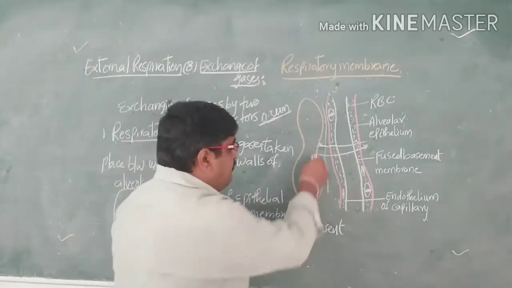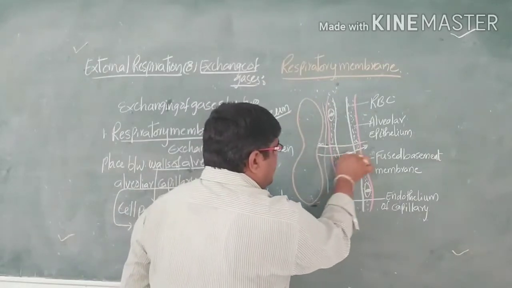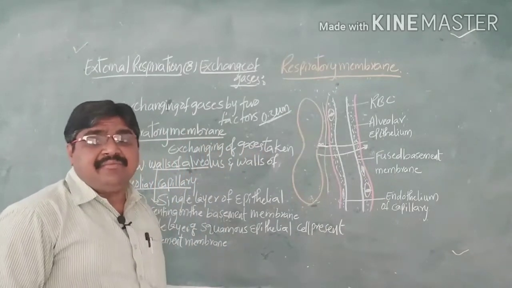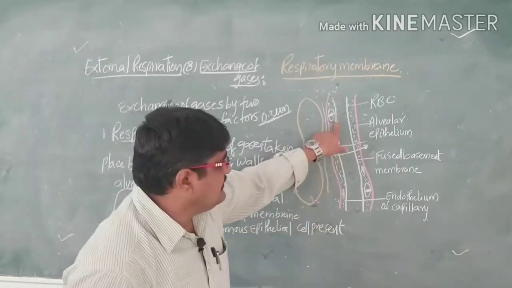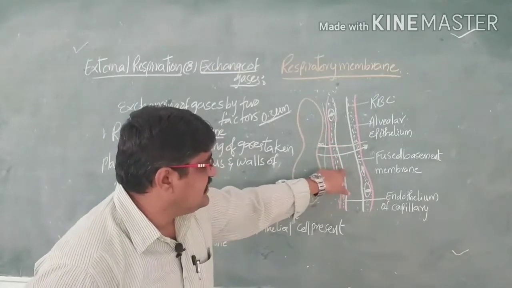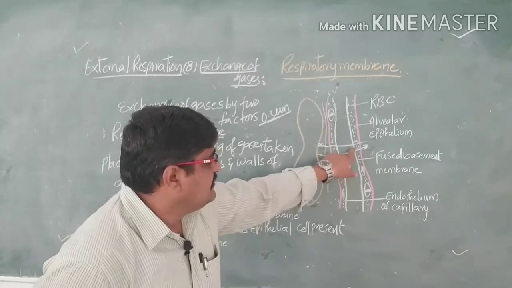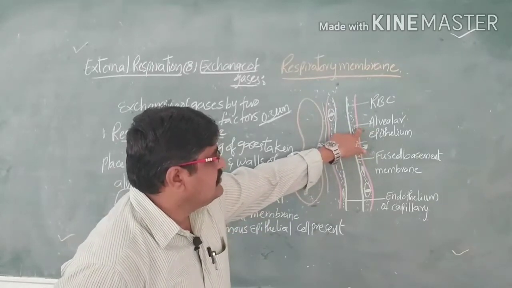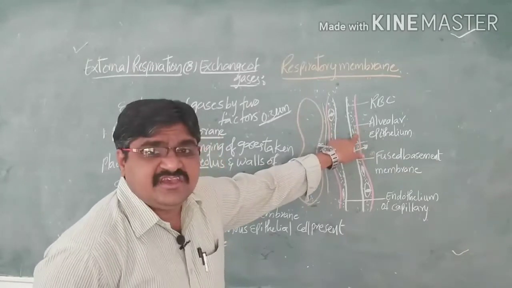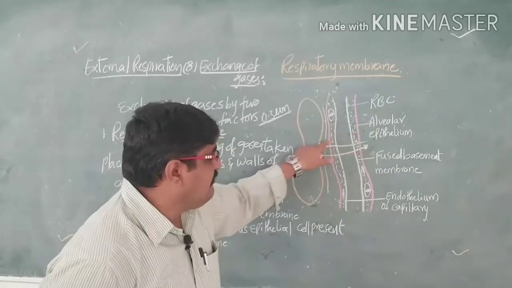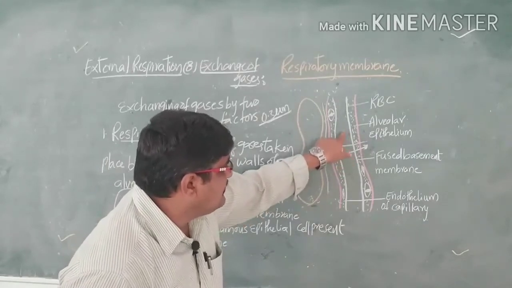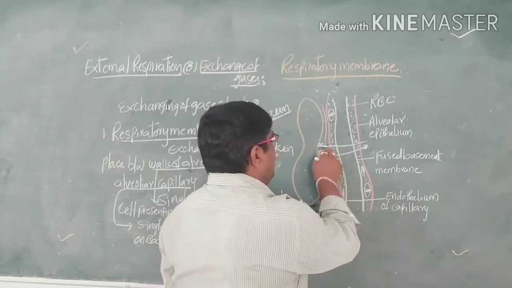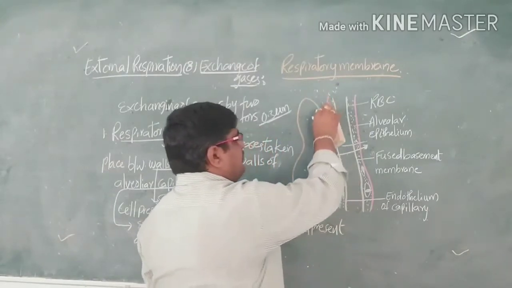Here we have the thin membrane and the interstitial space, with the RBC and the alveolar epithelium. In the interstitial space, the exchange of gases takes place.